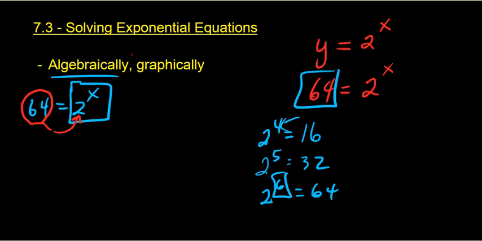So this algebraic method, and I put a little star beside it because, again, this is just one method. I'm going to teach you another method next chapter. But this is one method. Here's your little note here. Write both sides of the equation with the same base.